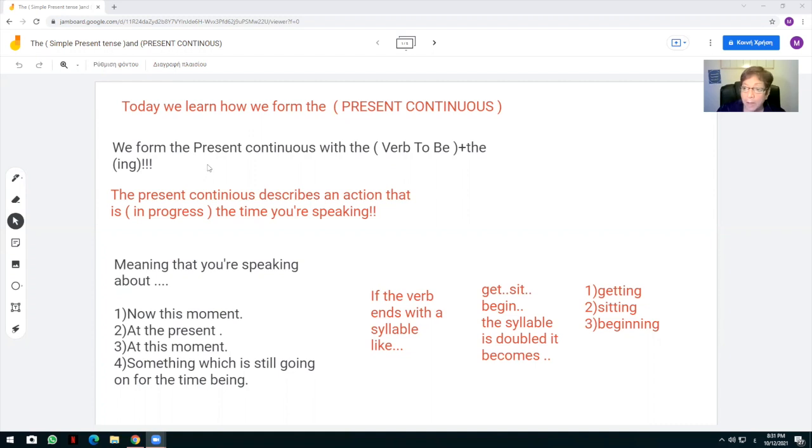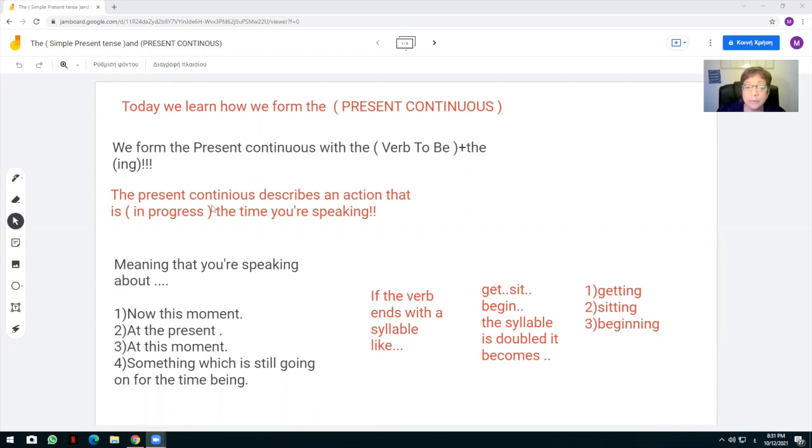Okay, that is how we form the present continuous tense. So to form the present continuous tense we need the verb to be and the ing.